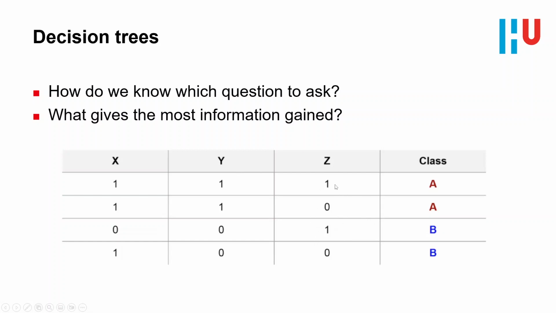If z is 1 or 0, in both cases it can be either A or B. We see that the question x gives a little bit more information, right? Because if x is 1, the chance of it being an A is a little bit higher than being a B. And if it's 0, then it's definitely a B. So this is a little bit more useful question. But this is the most useful question, right? What is y?